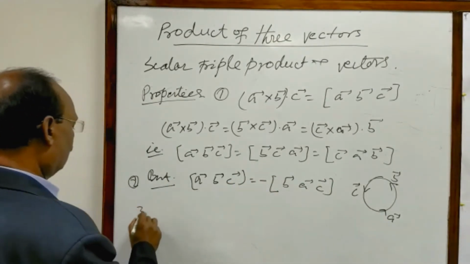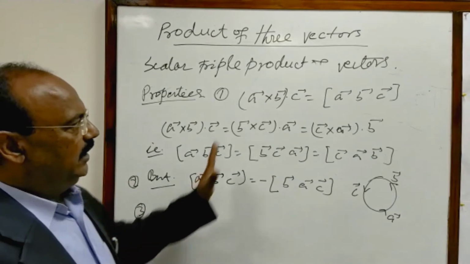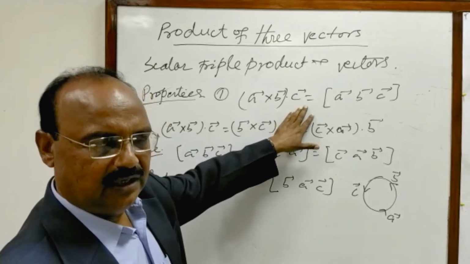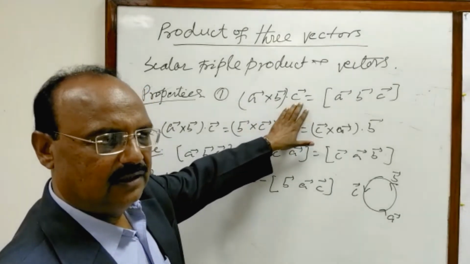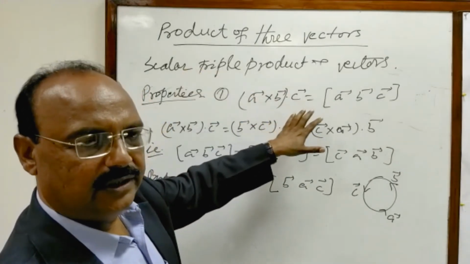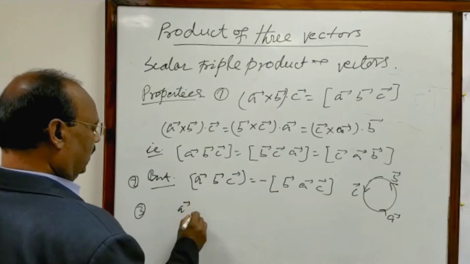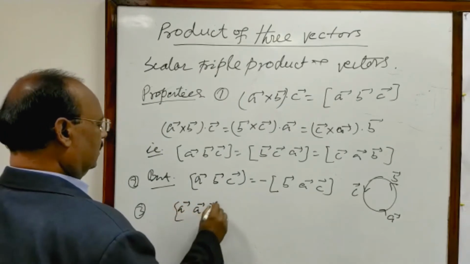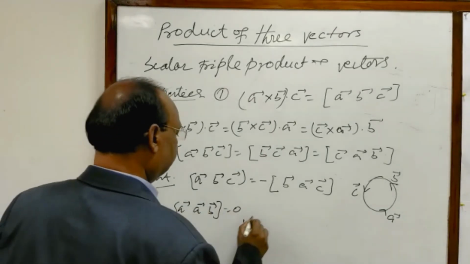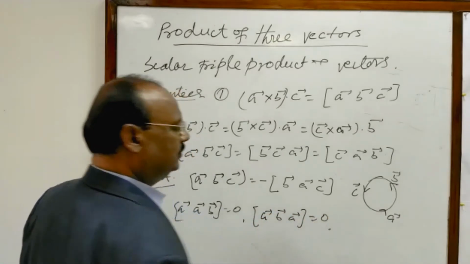Next property, 3. If any two vectors out of A, B and C are equal or collinear or parallel, then the scalar triple product will be 0. Suppose any two vectors are equal. So A, A, B is equal to 0, since these two vectors are equal. Similarly, we can write A, B, A is equal to 0.